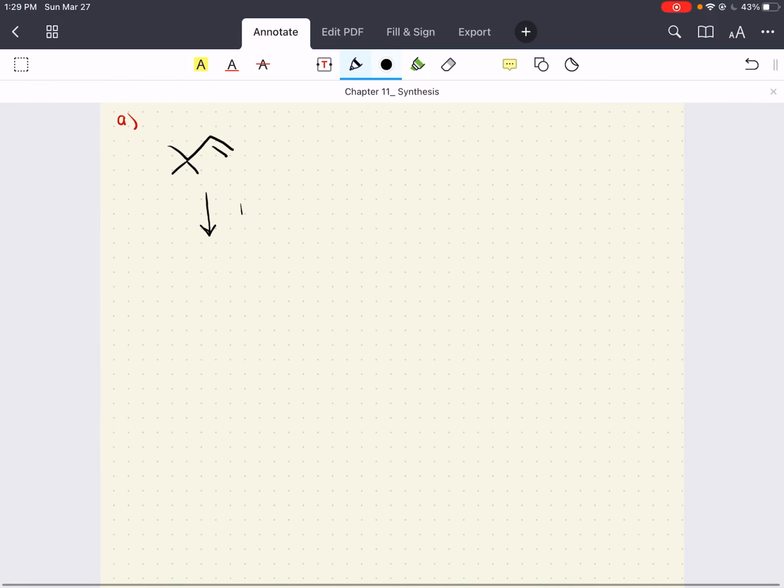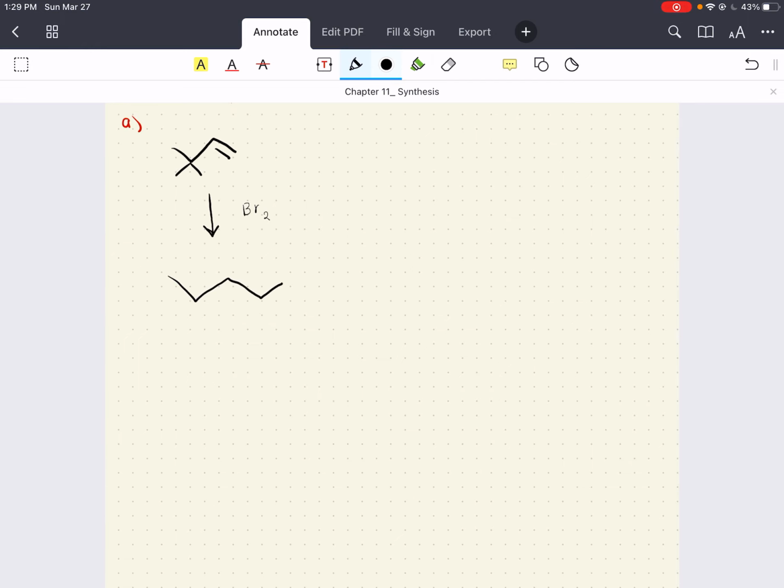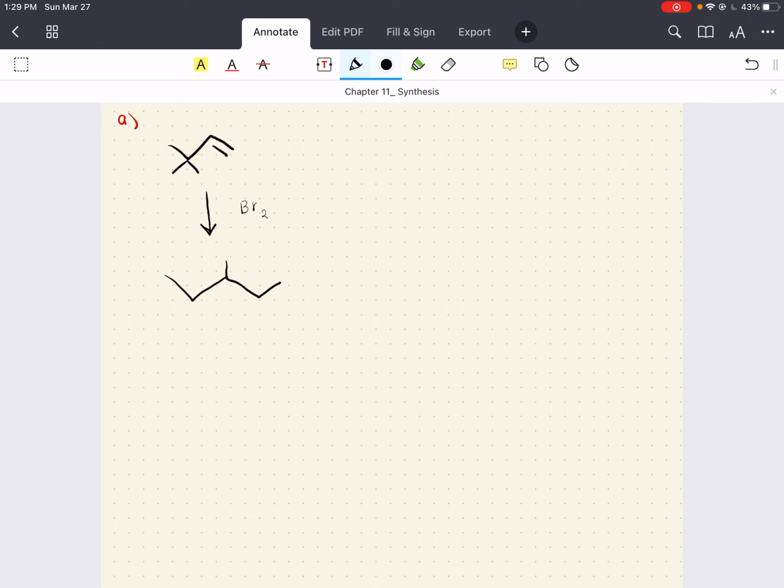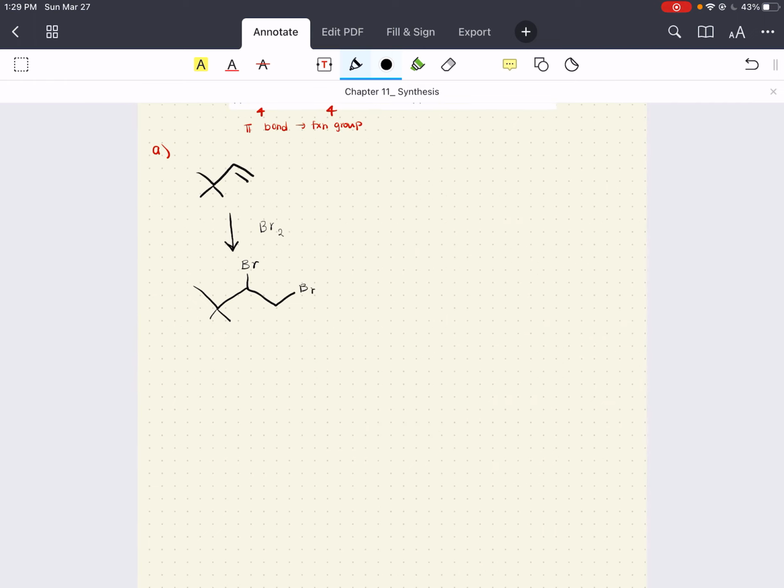So let's use Br2 to go ahead and add bromine to both sides of this double bond, like so.